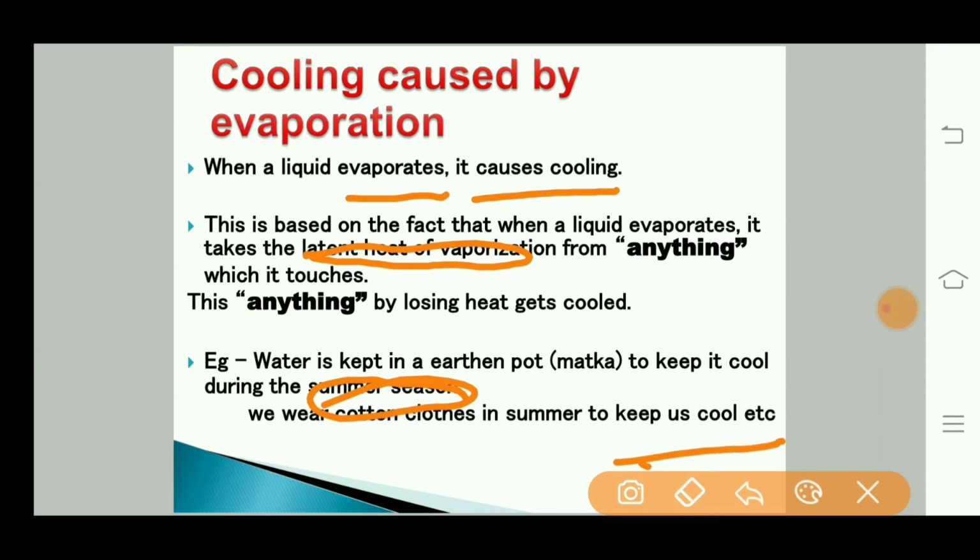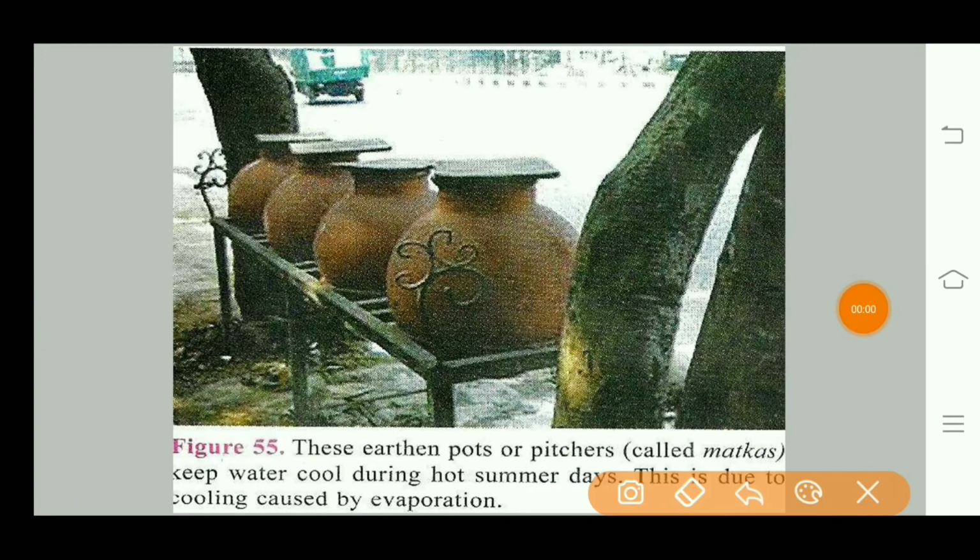We can explain these examples as cooling effect caused by evaporation. We can explain by various examples like the earthen pot we use to keep the water cool during summer days. How does it get cooled? Earthen pot has a large number of small pores or holes in its walls.